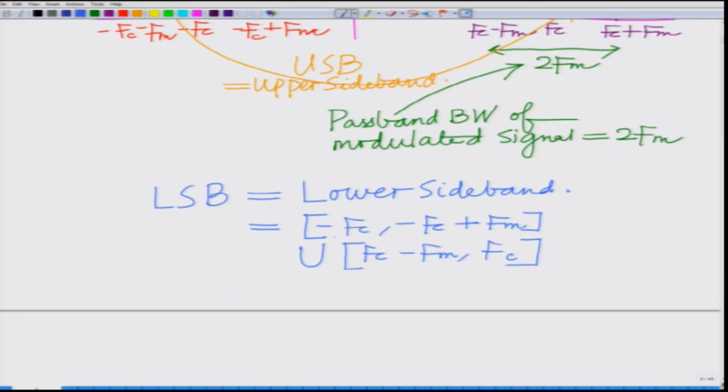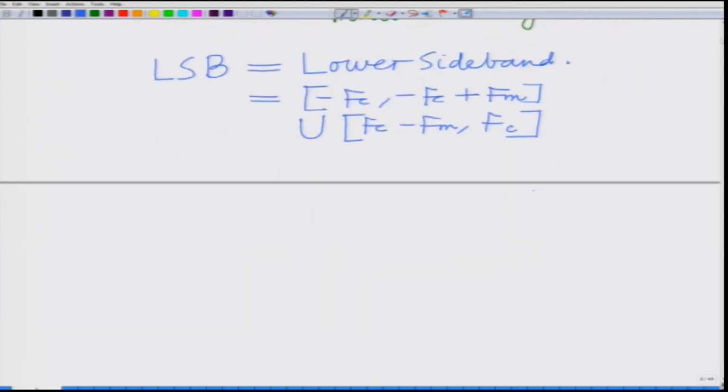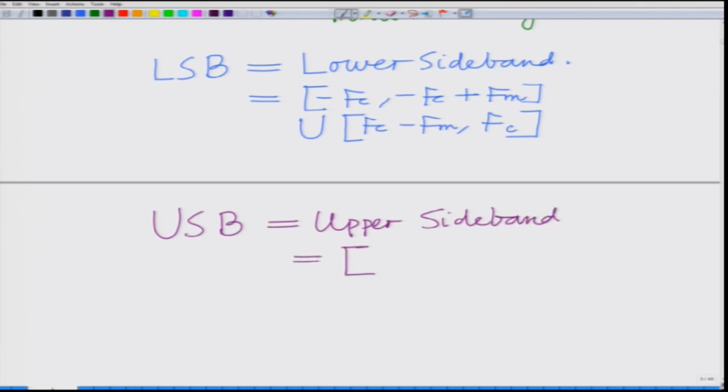Then we have the upper sideband, denoted by USB, and that comprises the bands minus fc minus Fm to minus fc, union fc to fc plus Fm.